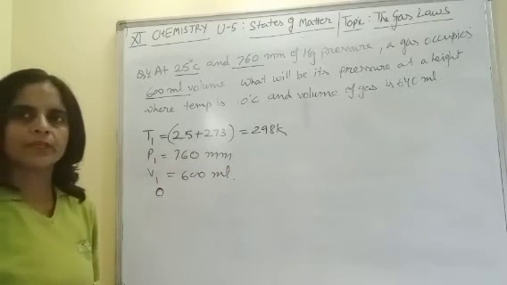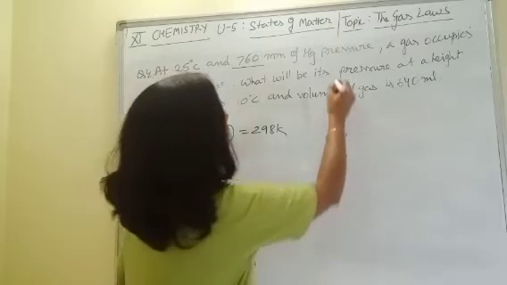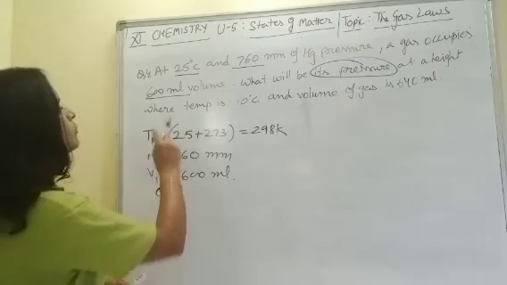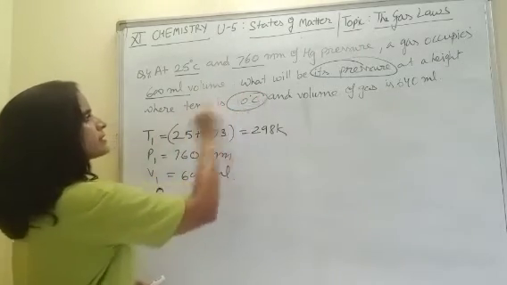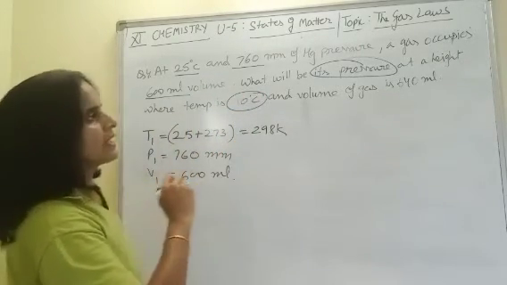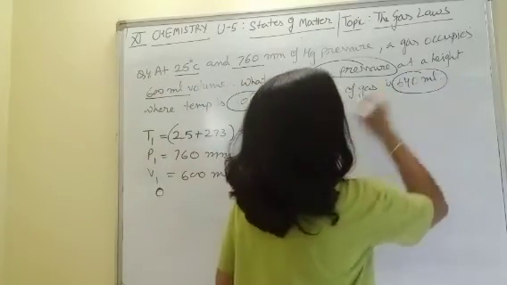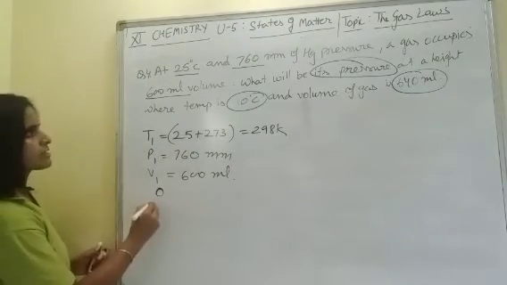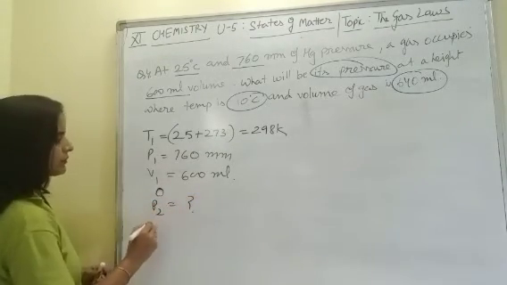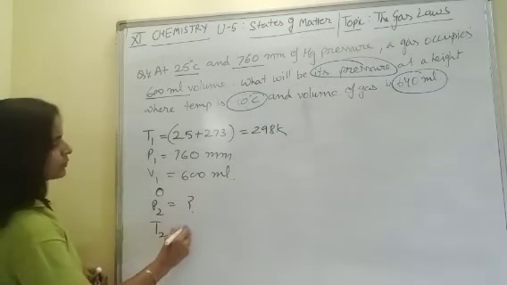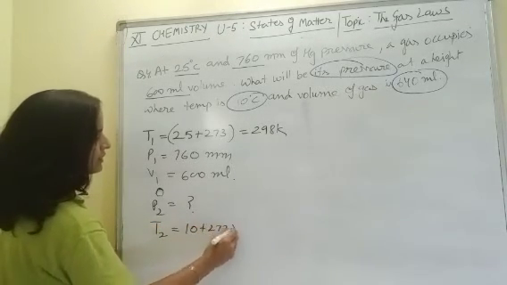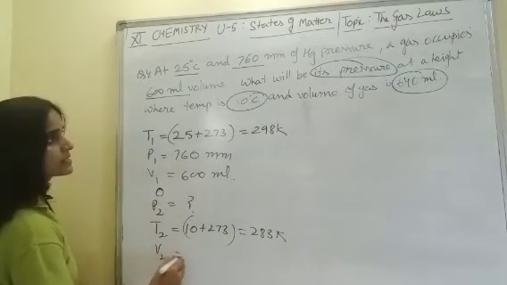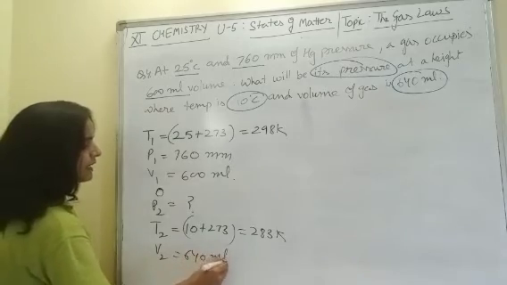Now, coming to the next statement, what will be its pressure? Means final pressure we have to calculate. Where the temperature is 10 degrees Celsius, this is the final temperature, and the gas occupies 640 ml. This is the final volume. So P2 we have to calculate. Then T2, 10 plus 273, that is 283 Kelvin, and V2 is 640 ml.